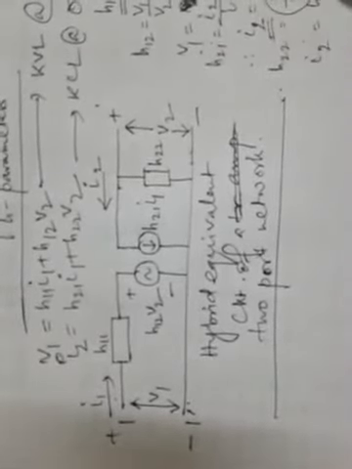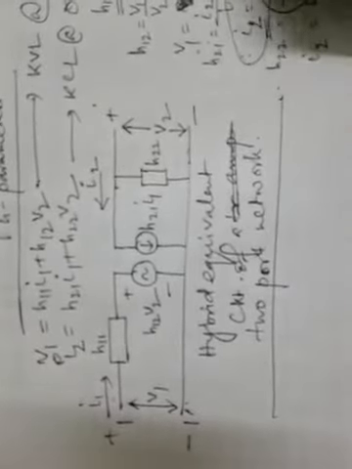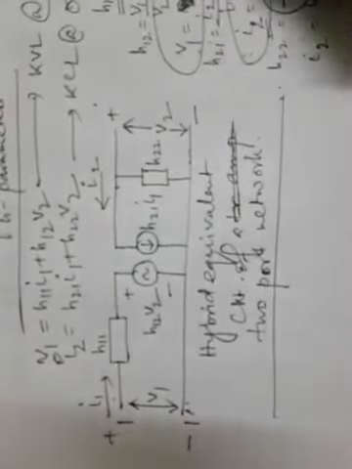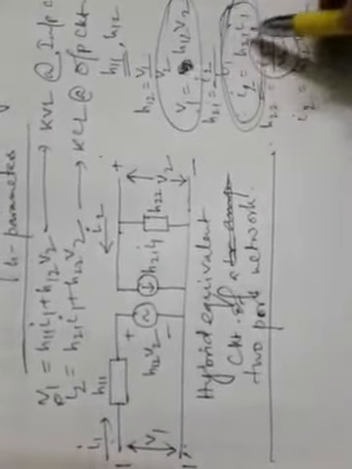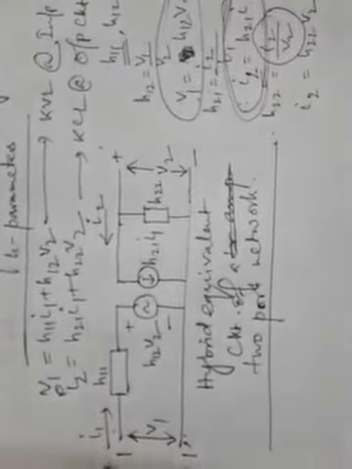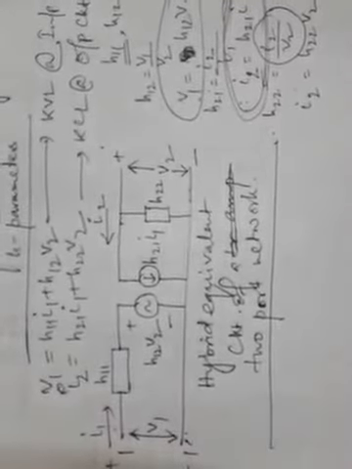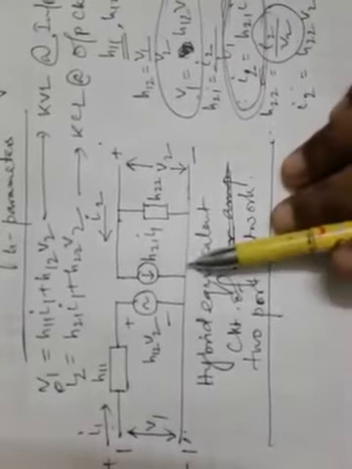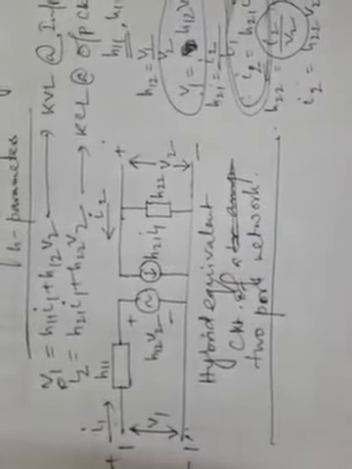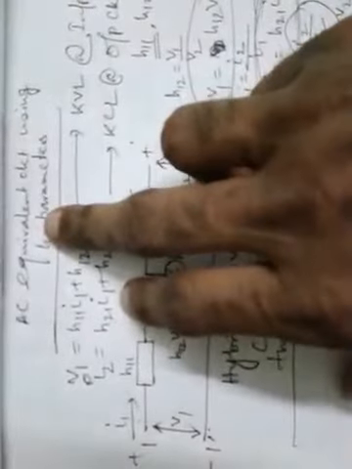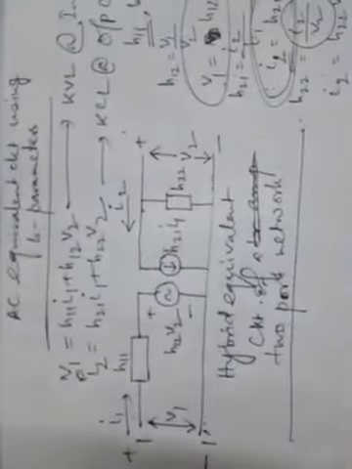This is the dependent voltage generator, and this is called the dependent current generator, because they are respectively the voltage and current ratios. And as the voltages and currents in this diagram are the signal or AC values, this is alternately called the AC equivalent circuit. So this heading is given accordingly.